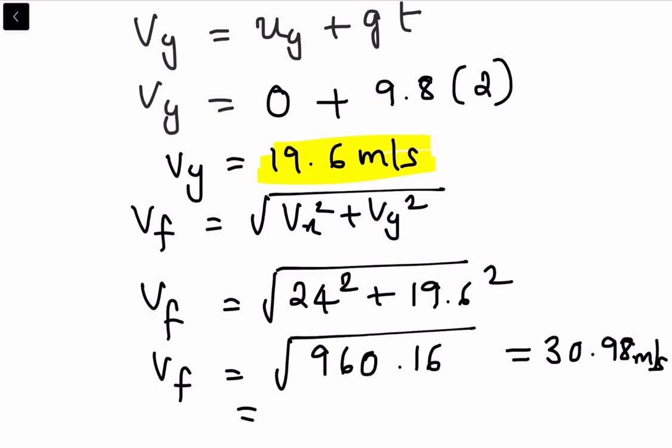So roughly you can take it as 31 meters per second. So this is the velocity with which the car reaches the other side and lands. That is, when the car jumps to the other side, the speed of the car on the other side is 31 meters per second. So this is the solution of the problem.